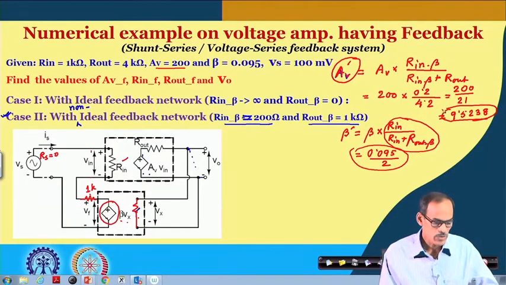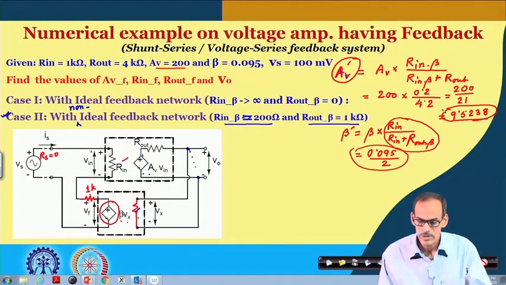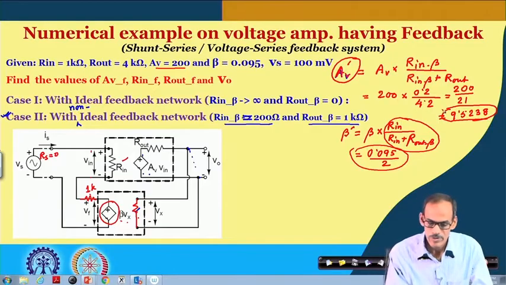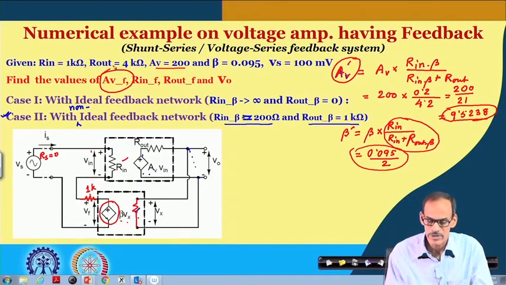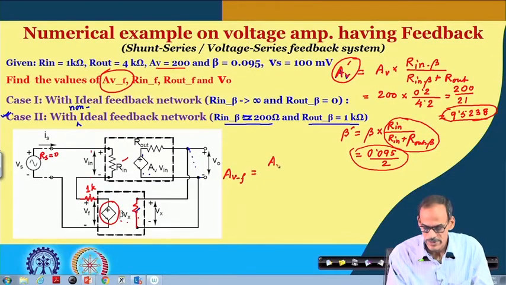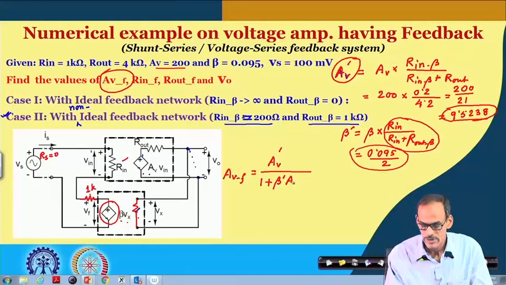So, a priori we should keep these two parts, load affected A and load affected beta, ready for our consideration. Now, if we have to find the voltage gain of the entire network, AVF, we can say, is load affected AV divided by 1 plus load affected beta and load affected AV.